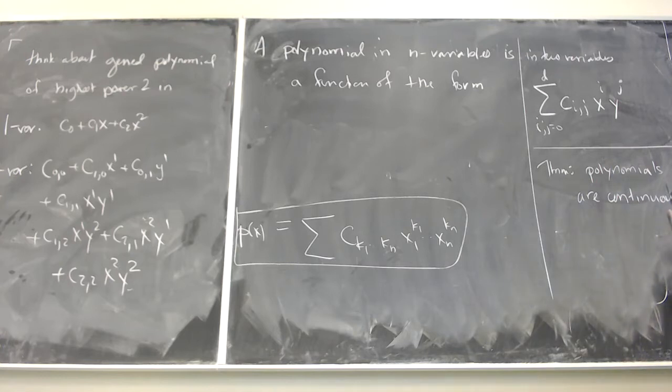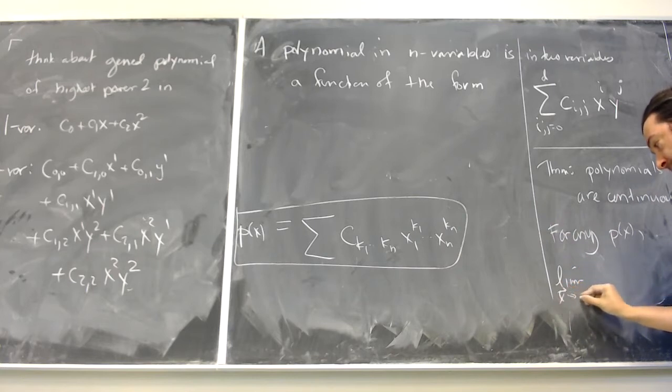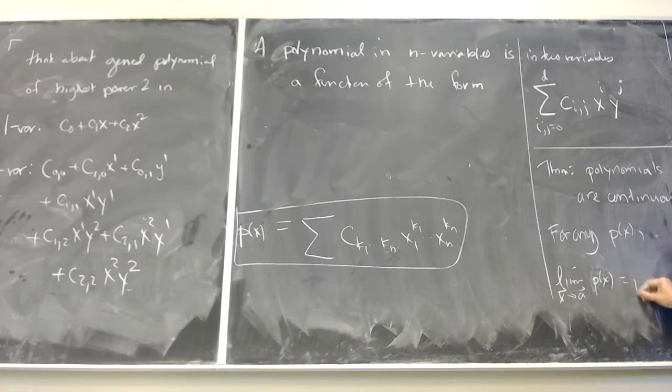The idea here is that because you have a maximum degree on any polynomial, you can always find an epsilon-delta argument just using the fact that polynomials have maximum degree. By saying polynomials are continuous, what I mean is for any p of x, the limit as x goes to a of p of x is equal to p of a.